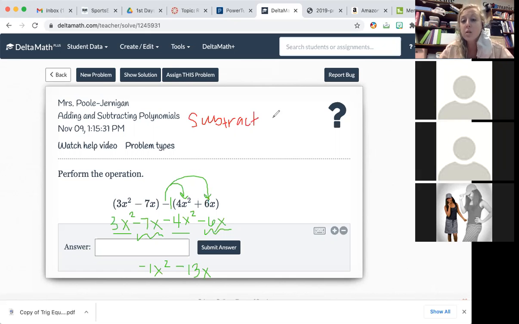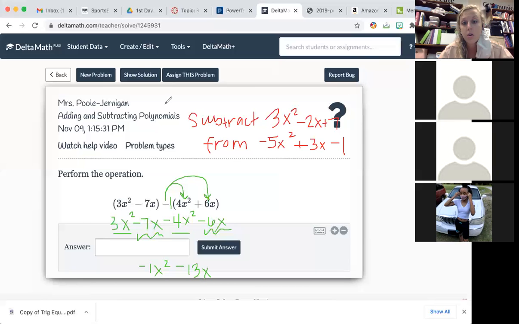So if I ask you to subtract 3x squared minus 2x plus 7 from -5x squared plus 3x minus 1, how would we set that up? What would I do? You put the second number first and then the first number.